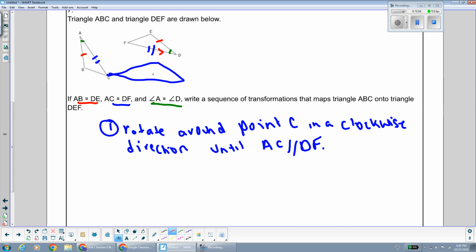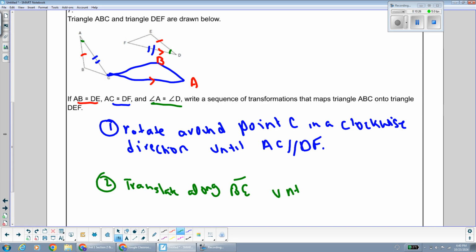So until these are parallel. Okay. Translate along BE.